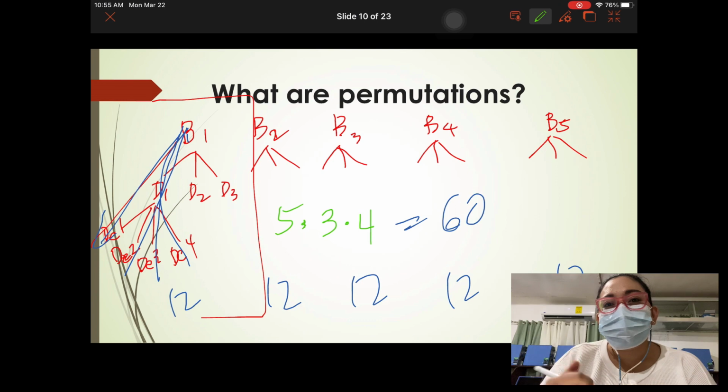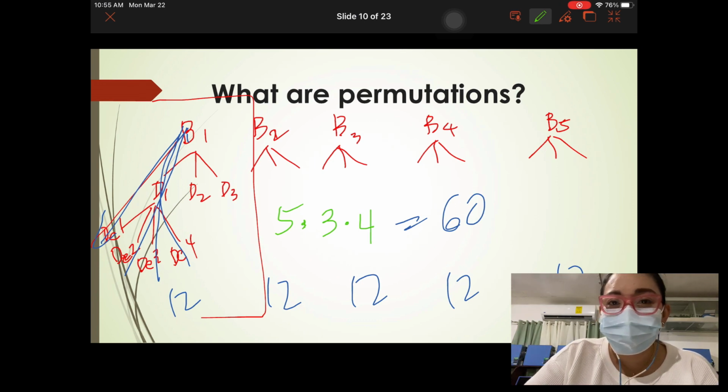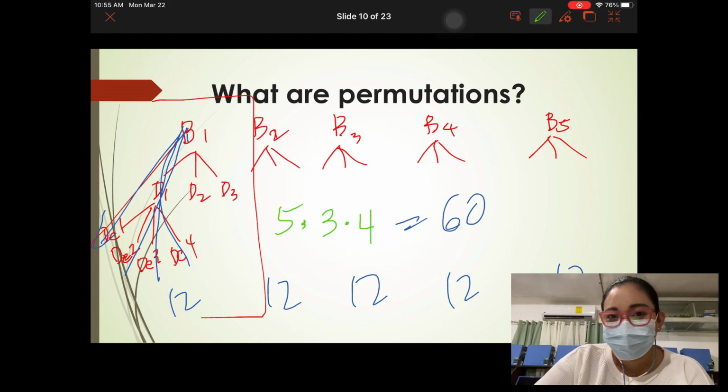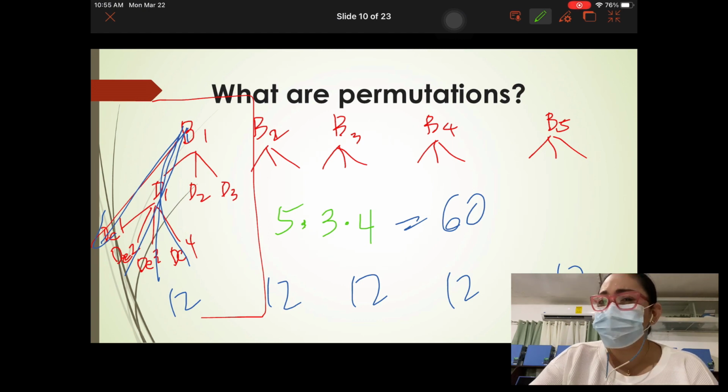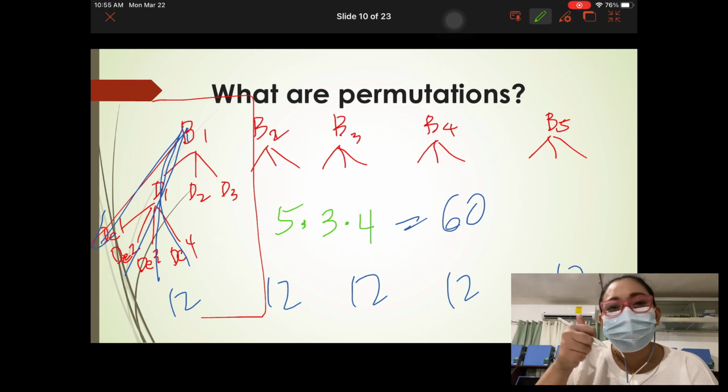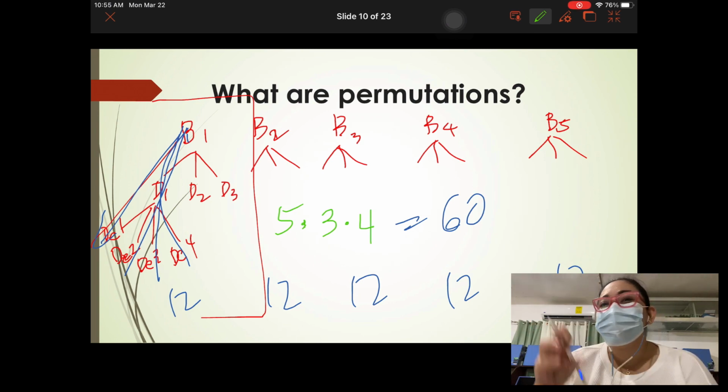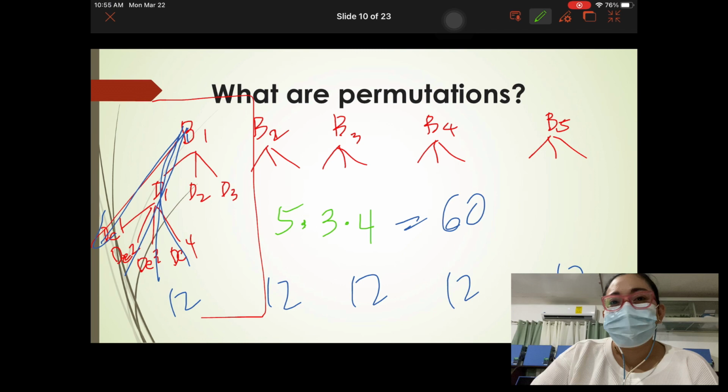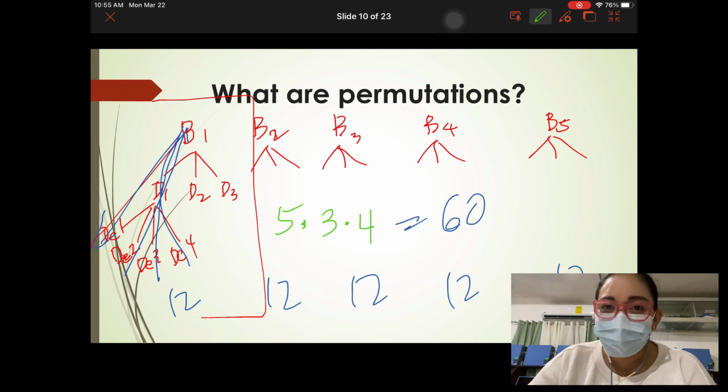So, if we're going to multiply all of your choices, yan ang makukuha nating number of permutations or combinations. Okay? So, tama ba? Is 5 times 3 times 4, 60? Yes. Okay? Gets ba? So, kukuhanin lang natin yung number of possible choices and then you multiply it with the other number of possible choices. So, yun lang po yung fundamental counting principle.